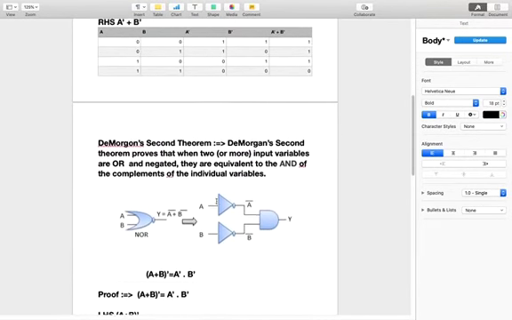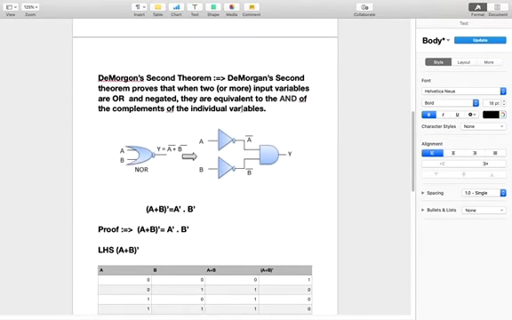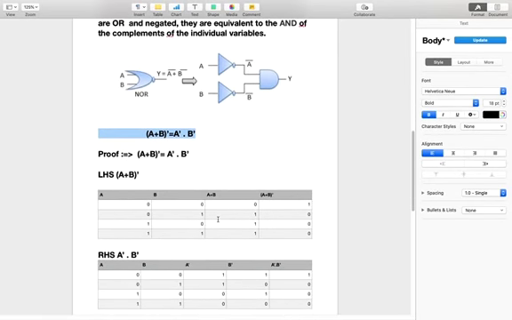Then De Morgan's second theorem proves that when two or more input variables are ORed and negated, they are equivalent to the AND of the complements of the individual variables. This is the logical diagram and the expression of De Morgan's second theorem, and we proved this expression by the truth table.